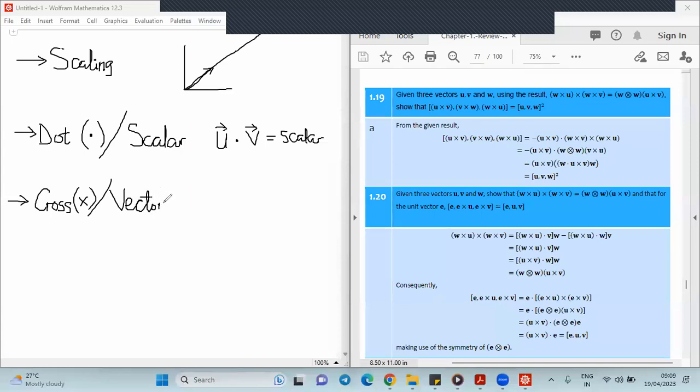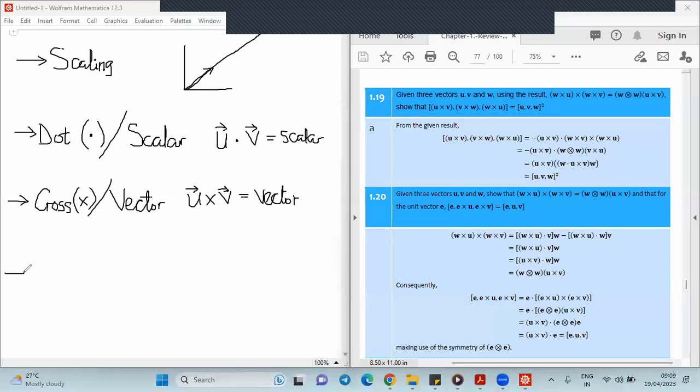Just as I explained for the scalar product, it is only called a vector product because when 2 vectors undergo a cross product or a vector product, they result in a vector. So 2 vectors, u and v, are multiplied using a vector product. The answer you get is a vector.